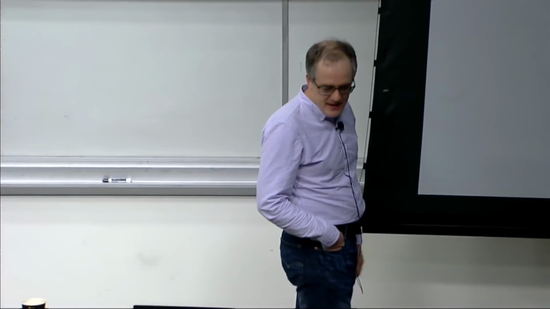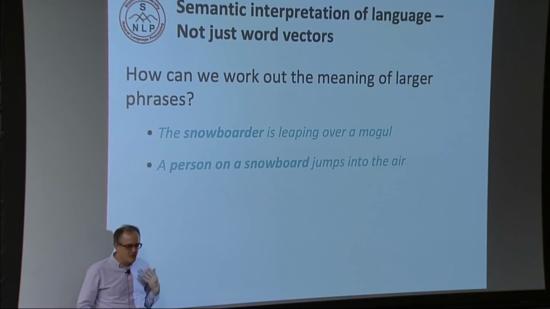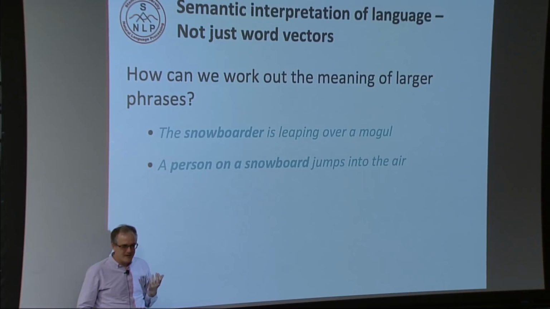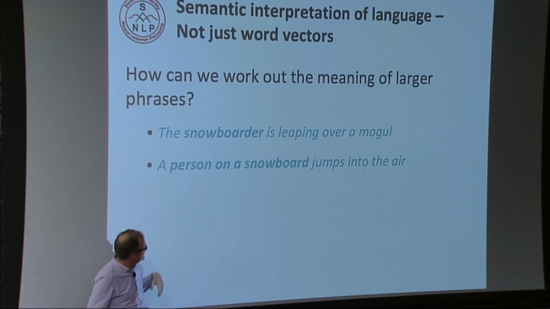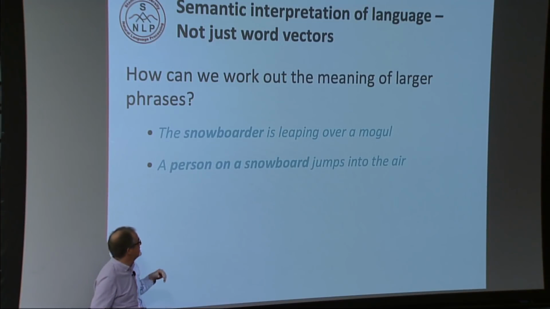There's another related thing you might want to think about: a person on a snowboard, how do human beings manage to understand what that means? And then a person on a snowboard jumps into the air, how do people manage to understand what that means? It seems like the only possible answer is what's normally referred to as the principle of compositionality.